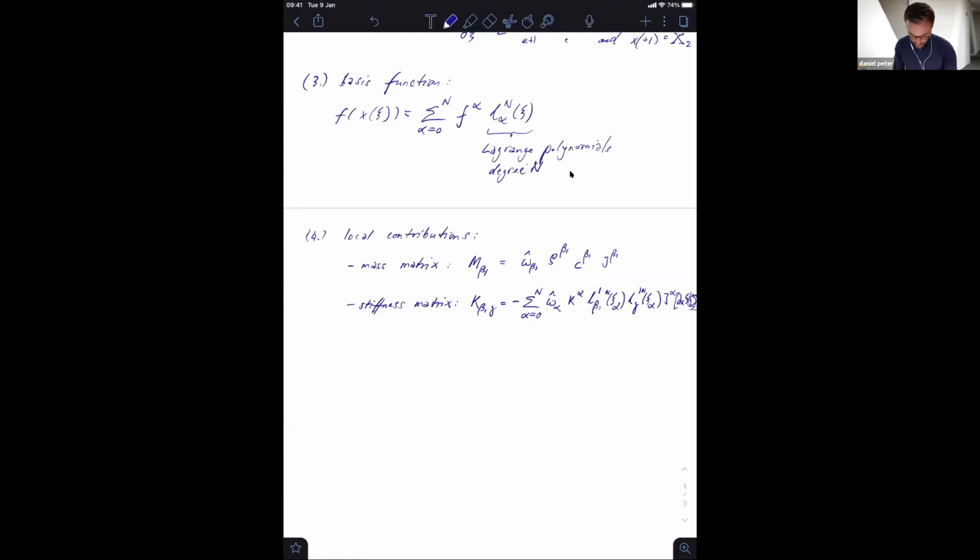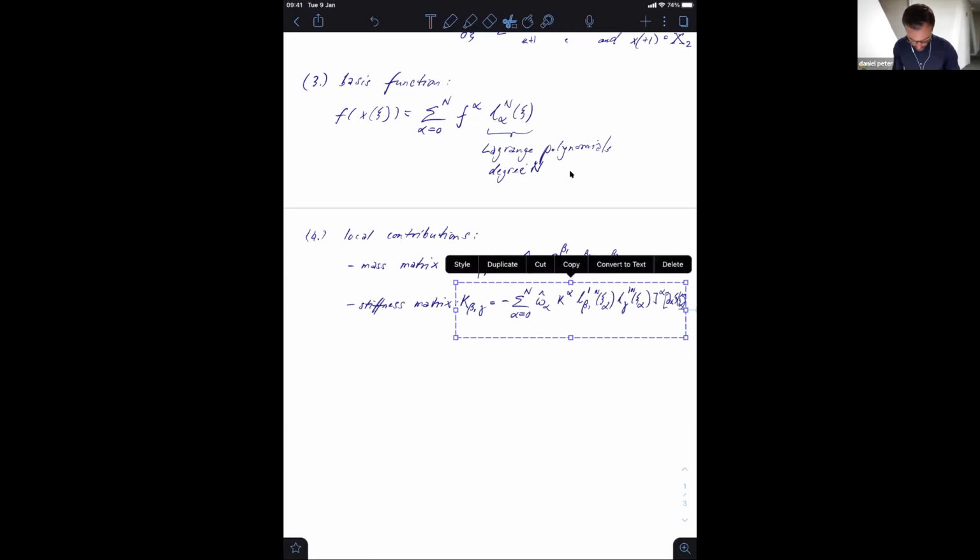And now this should be squared. Oh, running out of space. See if I can move this a bit over. Times these derivatives squared.